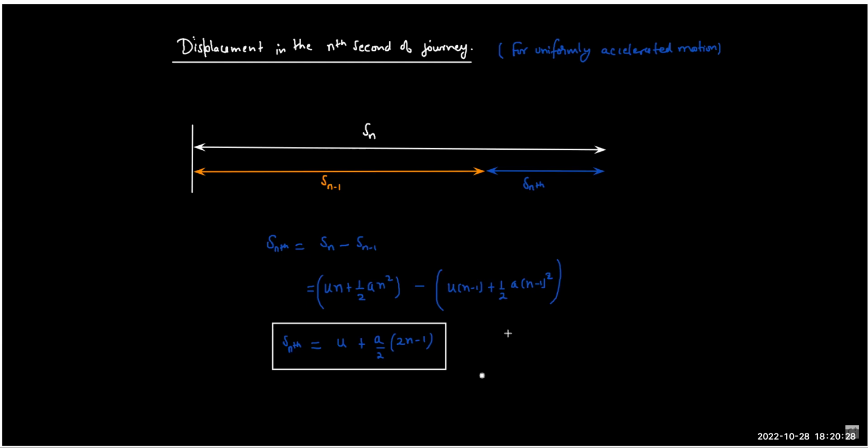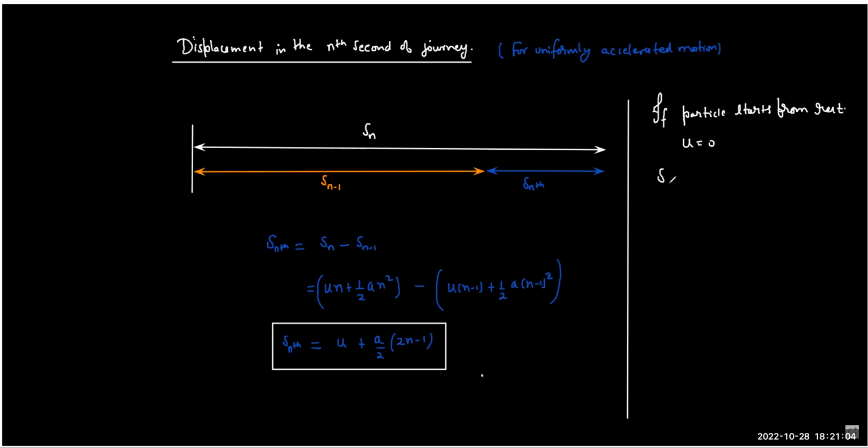Okay. Now, if you start from rest, so if a particle starts from rest, then u becomes 0. In that case, the Snth becomes really easy.